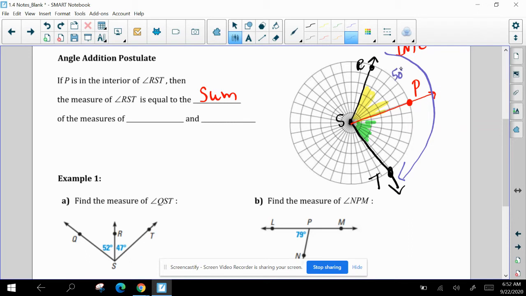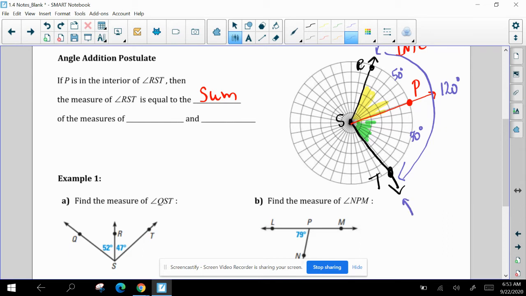It took me 50 degrees here. And then it's going to take you another 1, 2, 3, 4, 5, 6, 7, so 70 degrees here. So if somebody asks me, what's the measure of angle RST? All I would need to do is add up the 50 and then 70, because that would give me the total amount of degrees I would need to rotate to go from ray SR all the way to ray ST. So that's all it says.